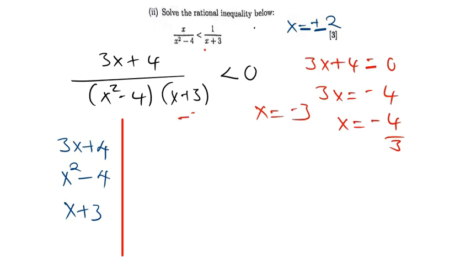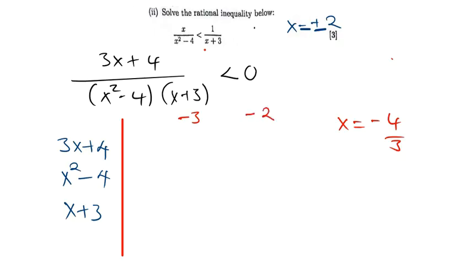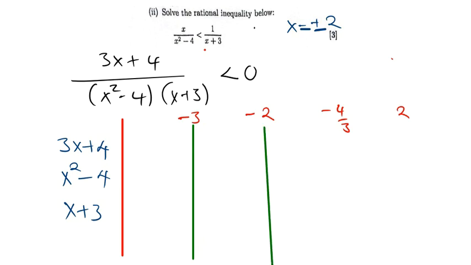So negative 3, and then followed by negative 2, and then followed by negative 4 over 3, and then followed by positive 2. And then you can draw lines on these possible zeros and asymptotes.